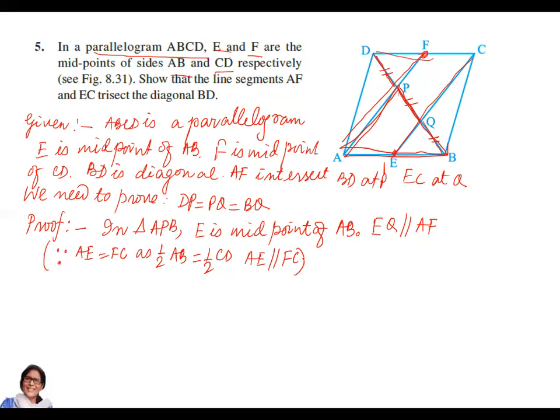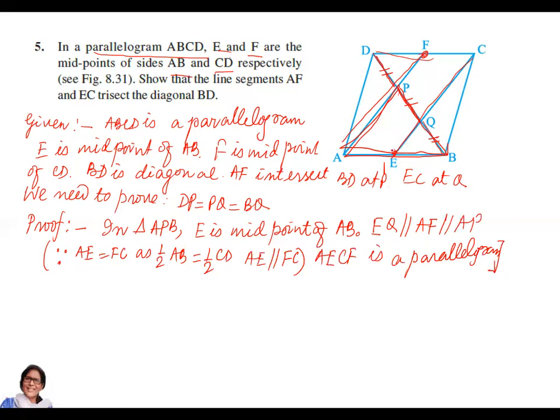So AECF is a parallelogram. So when it is a parallelogram, EQ is parallel to AF, or EQ is parallel to AP.